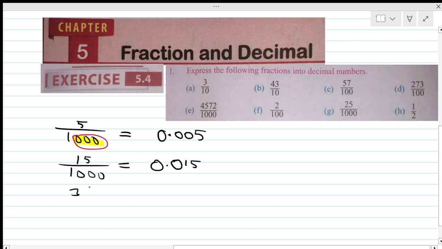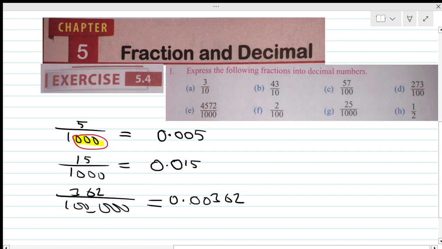Suppose there is 362 divided by 1 lakh. In 1 lakh you see 5 zeros, so after the decimal you have to maintain 5 digits. 362 already has 3 digits, so to maintain 5 digits after the decimal, you need to take help of 2 zeros, and then you place your point.